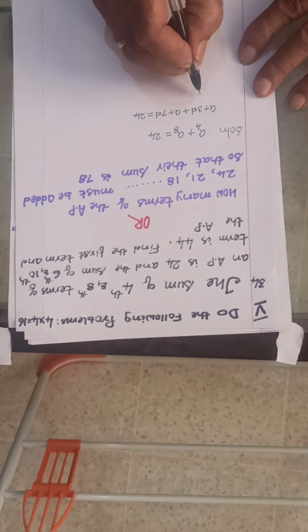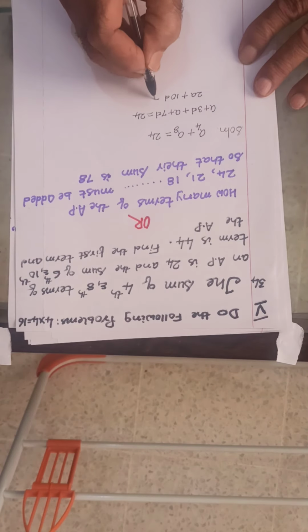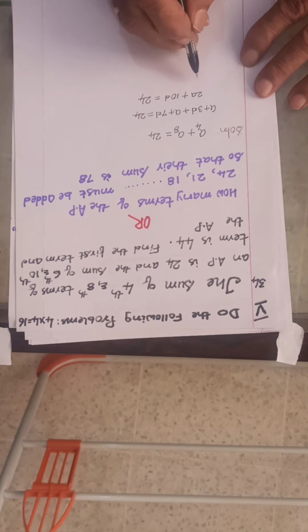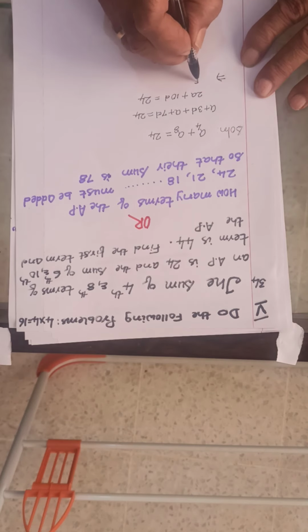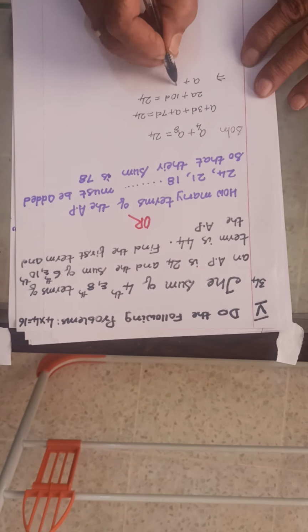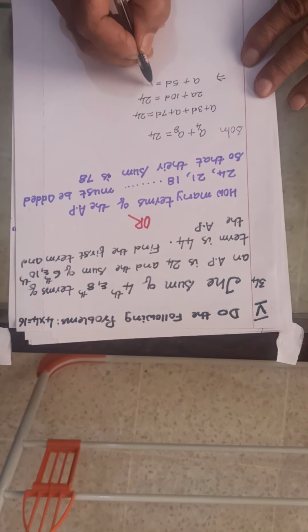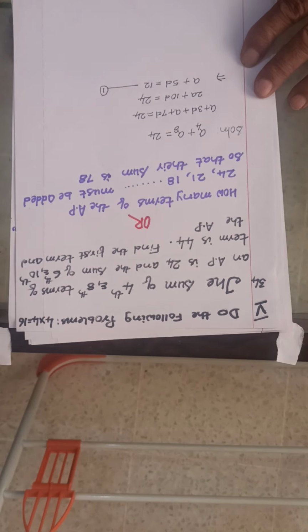Now add the A's: A plus A means 2A, plus 7D plus 3D, 10D, is equal to 24. Now remove 2 outside the bracket and cancel this 24. Dividing this equation by 2 gives A plus 5D is equal to 12, the simplified linear equation. This is equation number 1.